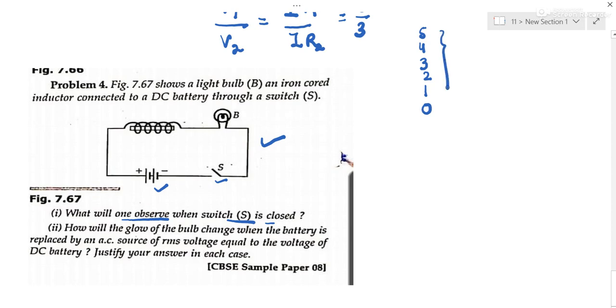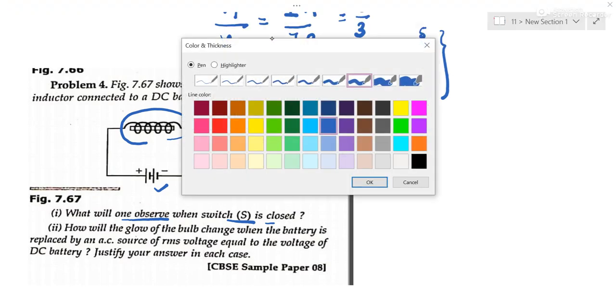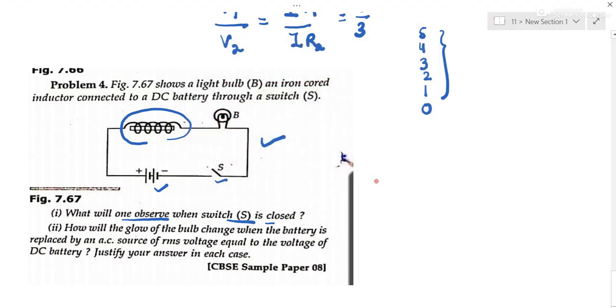Because current is rising, for a moment it will induce EMF. It will oppose the cause of its own generation. A back EMF, self-inductance. So for a moment it will oppose. So the glow will increase to maximum within a moment.